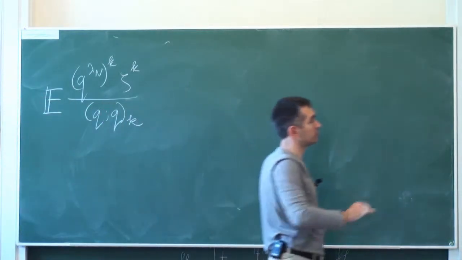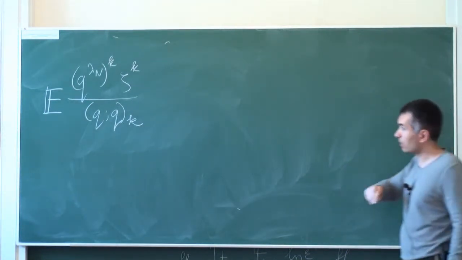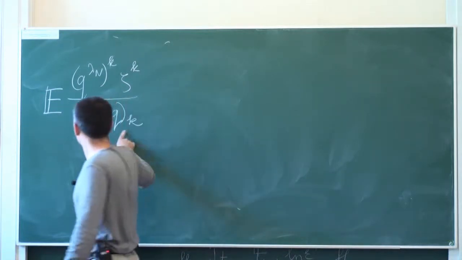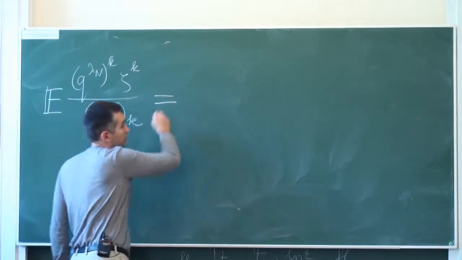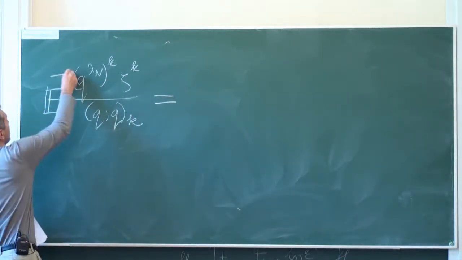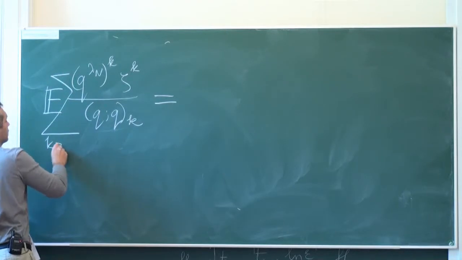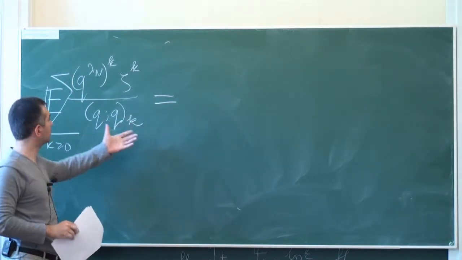So I'm really doing something like that. Now this is the q-factorial that sits here. Then with these formulas, the series has no problem. Sorry, there should be a sum, over k greater or equal to 0. The series has no problem in convergence.